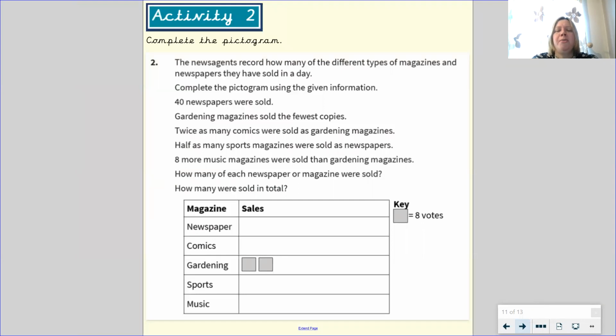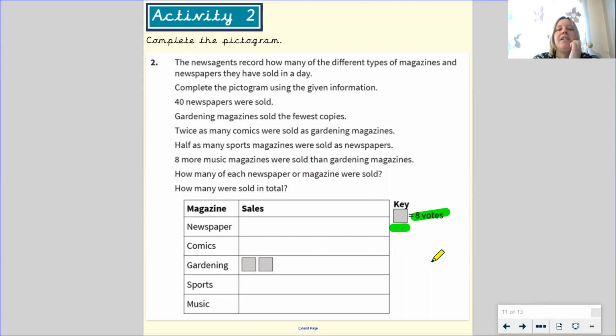Question 2, just like we had the pictogram to complete, you've got a pictogram to complete. When you're drawing your pictogram, I'd like you to use a ruler. You've been given your key, so you know that 1 square is equal to 8 votes.